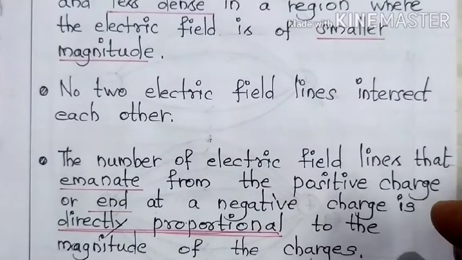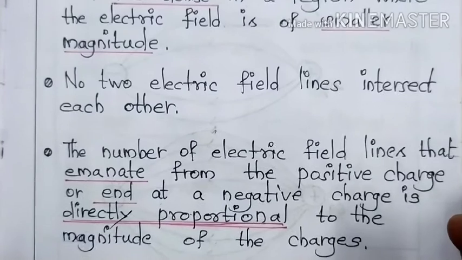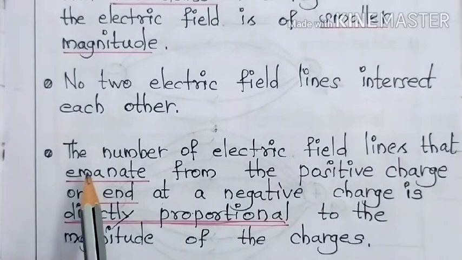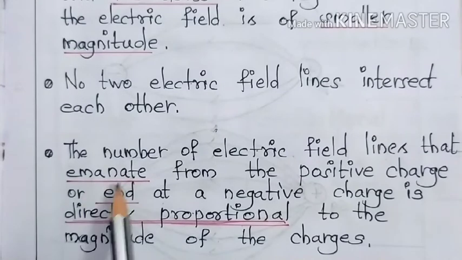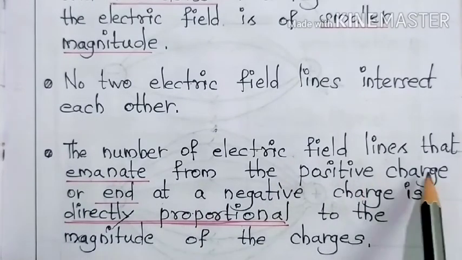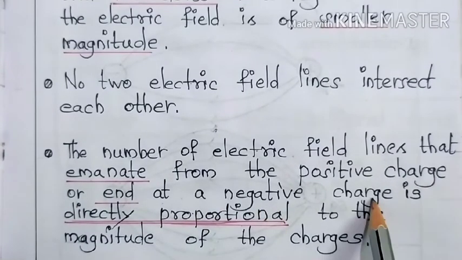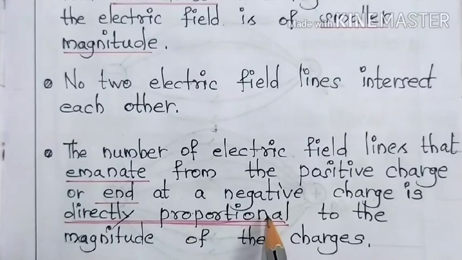Next point, the number of electric field lines that emanate, what does it mean? Originate or come out from the positive charge or end at a negative charge is directly proportional to the magnitude of the charges.